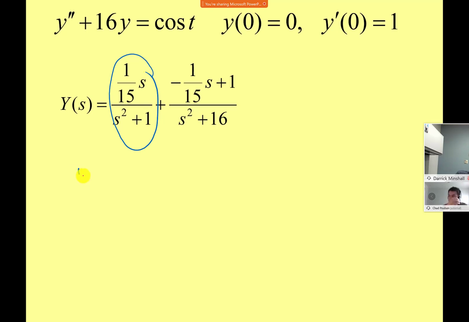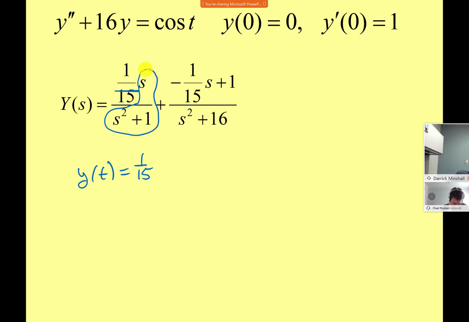So let's see what we've got. We've got y of t equals, put the 1/15 out of the way. The 1/15 can just go on later because it's linear, and let's just look at this guy. Well, I recognize that guy, right? That is just cosine, and it's a 1 squared, so it's just cosine t.